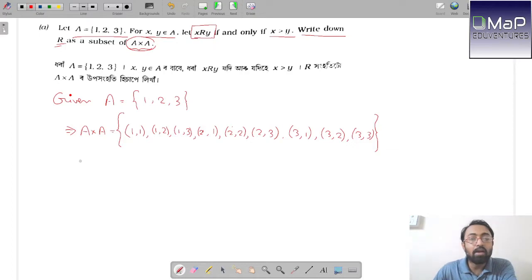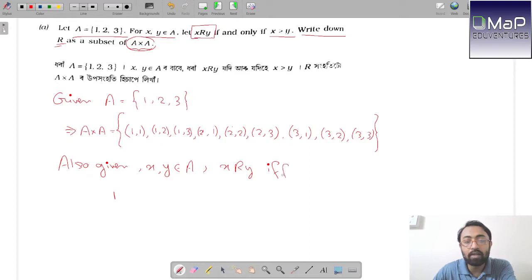Okay, so let us write down what is given for the relation R. Also given: x, y belongs to A, x is related to y if and only if x is greater than y.